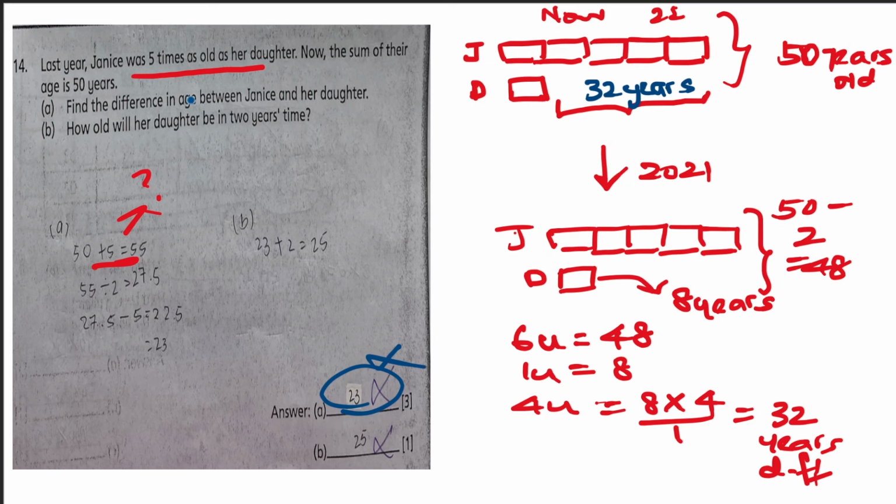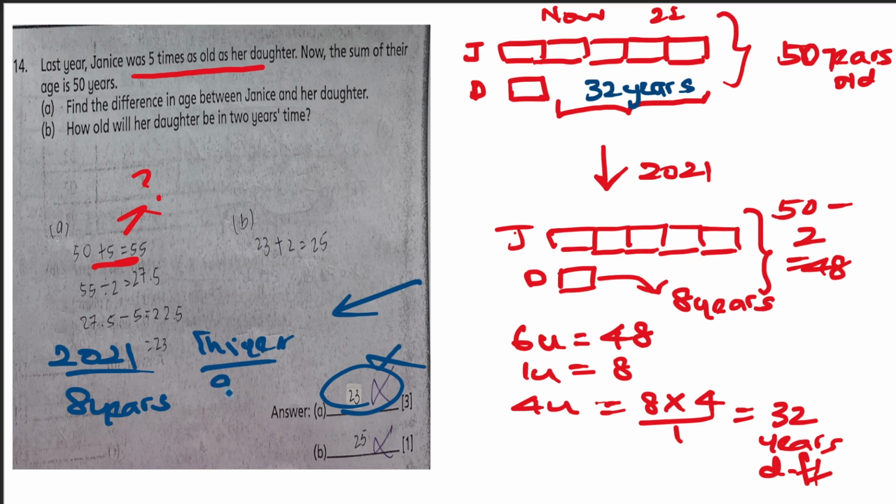Then this is wrong. How old will the daughter be in 2 years' time? So I know that last year, in 2021, she's 8 years old. This is the daughter's age, right? This year she will be 9 years old.